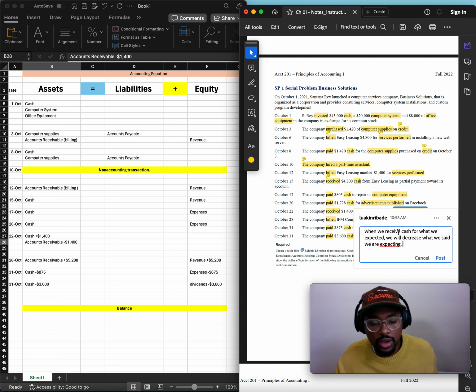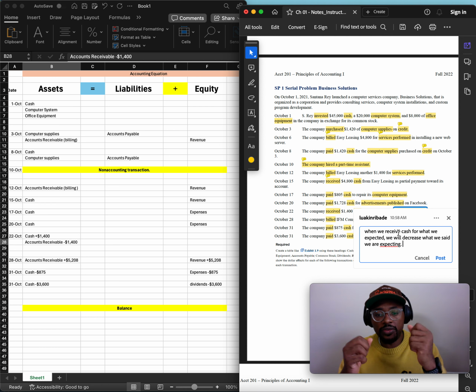Okay, so very clear language, right? Remember on October 12th, we said we expect 1,400 later down the road. Well, October 22nd is later down the road, and they actually paid us back. So when they pay us back, we're going to decrease our expectation.